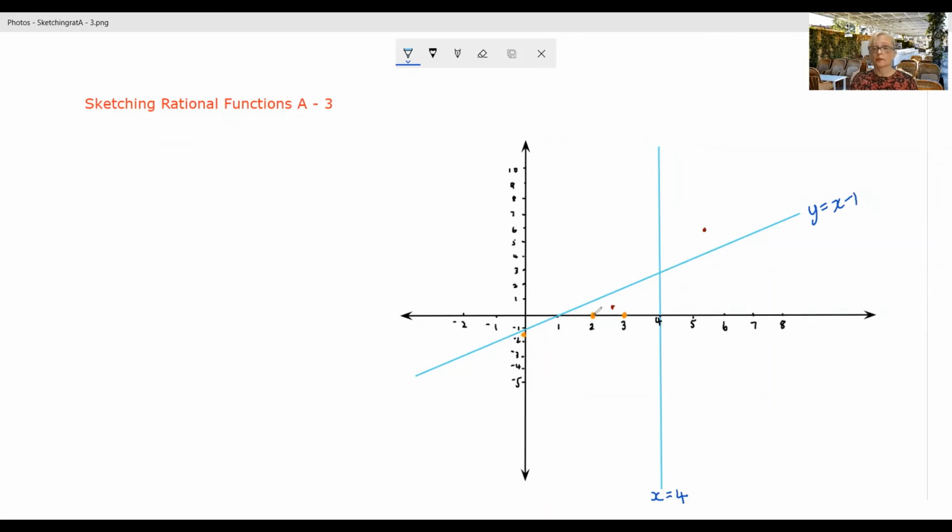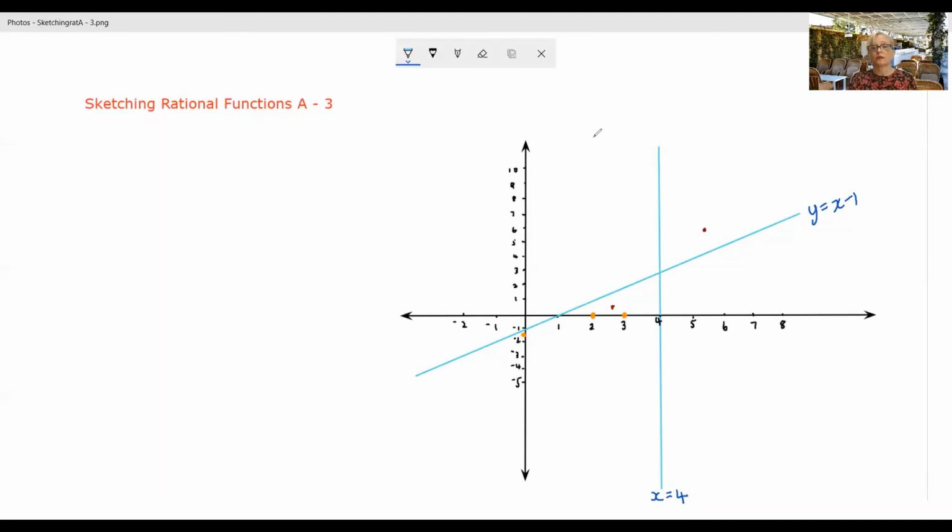So our x-intercepts were at 2 and 3, and our y-intercept was at negative 1.5. And I've also put dots approximately where our turning points or stationary points are. So this one is your 4 plus root 2, 3 plus 2 root 2. This is your 4 minus root 2, 3 minus 2 root 2. All we really need to do then is use that information and what we know about tending towards these lines to get a sketch happening.